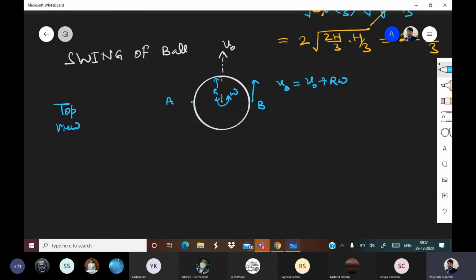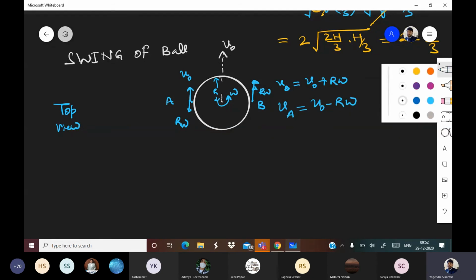For point A, due to translation it was v naught, and due to rotation it is R omega in the opposite direction. So VA is nothing but v naught minus R omega.